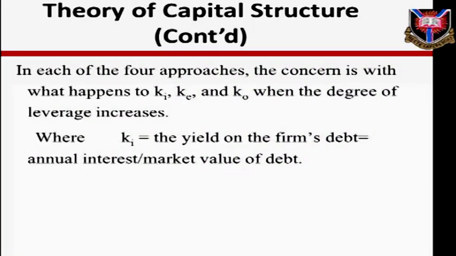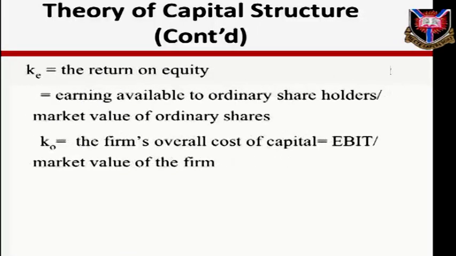In each of the four approaches, the concern is with what happens to Ki and Ke when the degree of leverage increases, where Ki equals the yield on the firm's debt and Ke equals the return on equity.